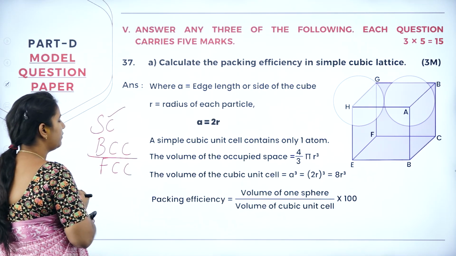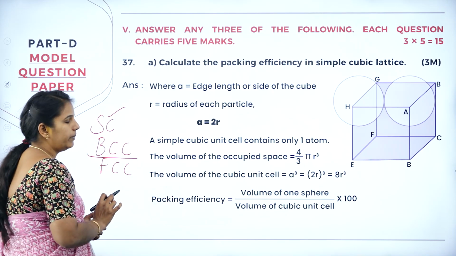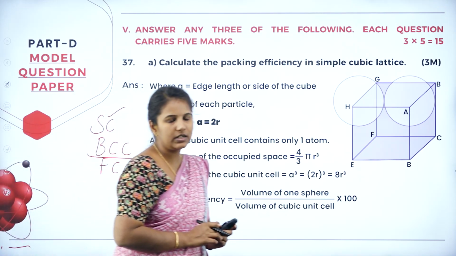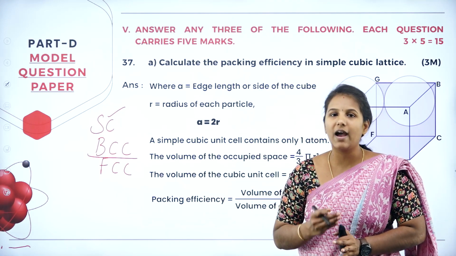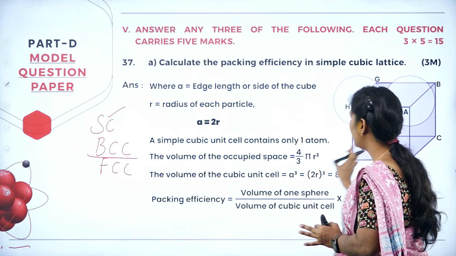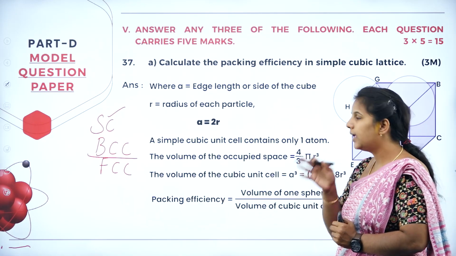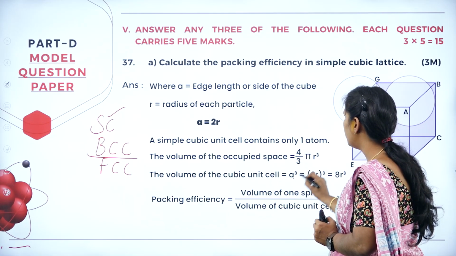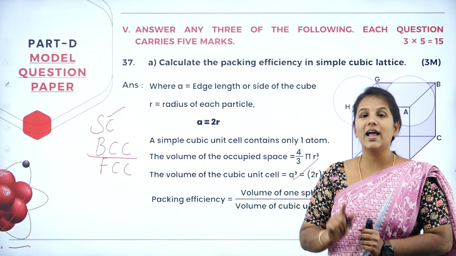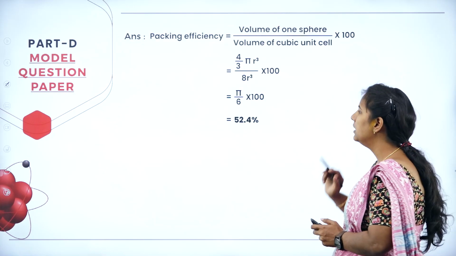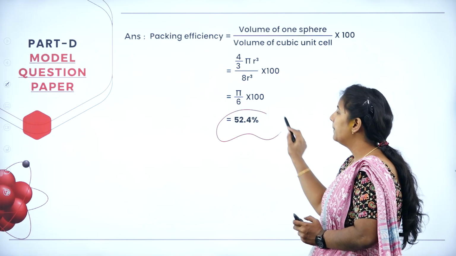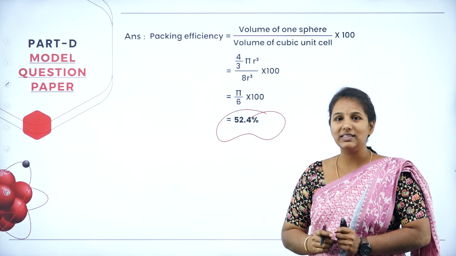If they ask you to write for the body-centered cubic unit cell or the face-centered cubic unit cell, first you must know how they will evaluate. For writing the cubic structure along with the derivation of A, that is the edge length, and also for writing the packing efficiency formula and substituting with the percentage, you will get 3 marks.